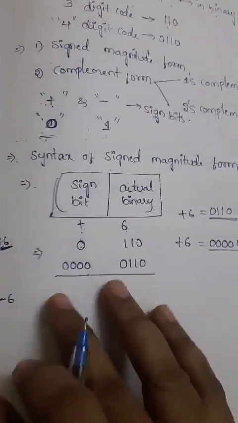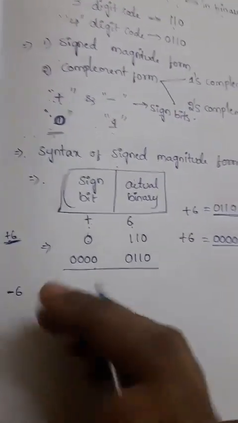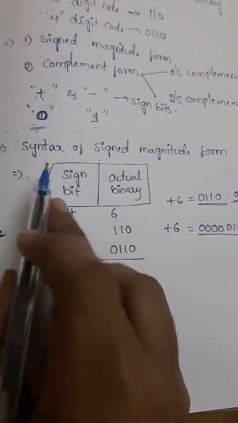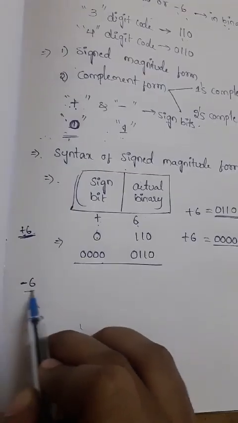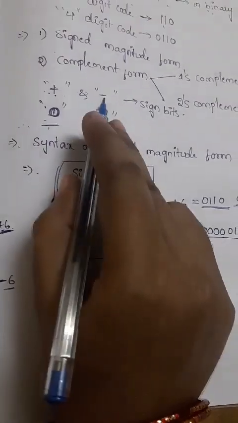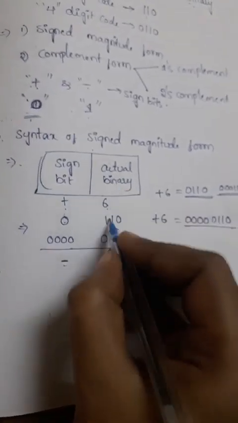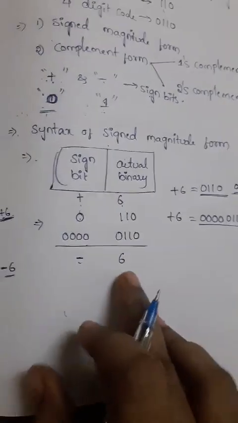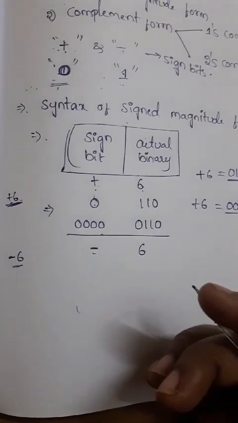Suppose you want to represent minus 6 in signed magnitude form. What is the binary number of minus 6? Already we know that by using the syntax we need to implement minus 6. This is the sign bit, the minus, and the actual binary is whatever number we have converted into actual binary.